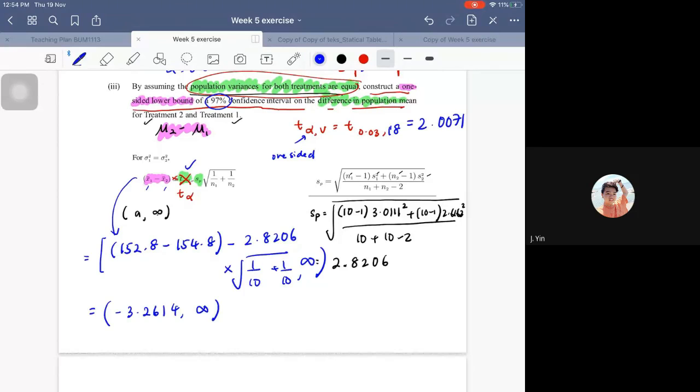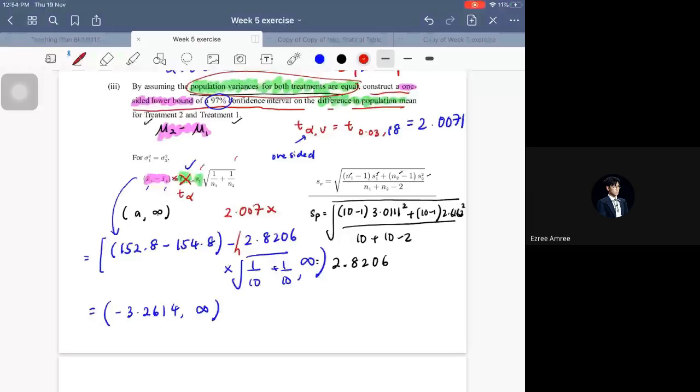Actually, I missed out one value. I put the Sp, but I missed out my t alpha. So actually, there should be 2.0071 right here. So you have to calculate that again.